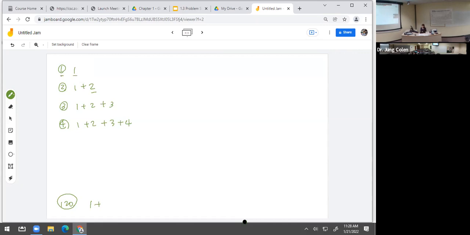For the second number, from 1 to 2. Third number, from 1 to 3. Fourth number, add all the way from 1 to 4, and so on. So we can see that I am adding all consecutive numbers up to 120 to find the 120th number.